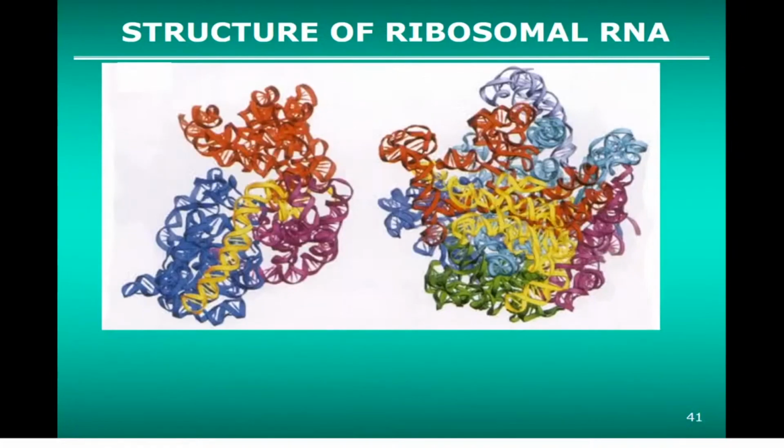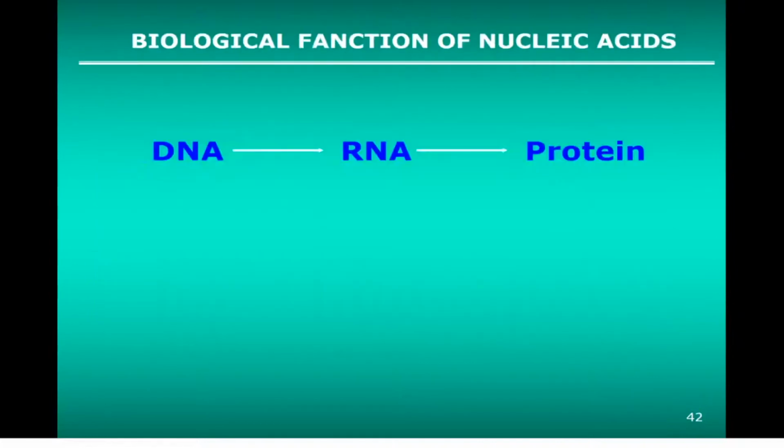It is possible to find a tertiary structure for these compounds, but it's beyond our cycle. So biological function: DNA is a source of genetic information. RNA reads this information and transports amino acids to form the protein according to the exact sequence, and then protein synthesis occurs.